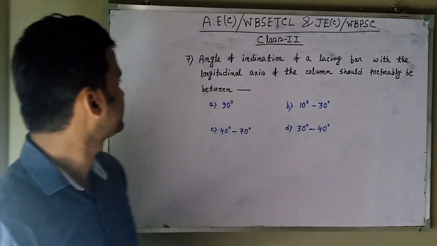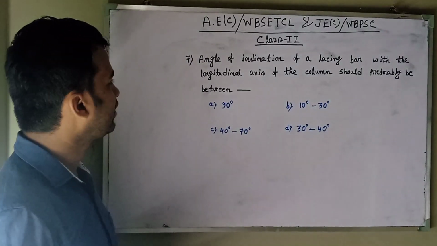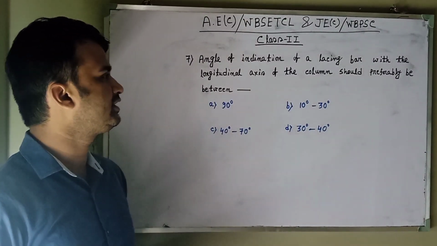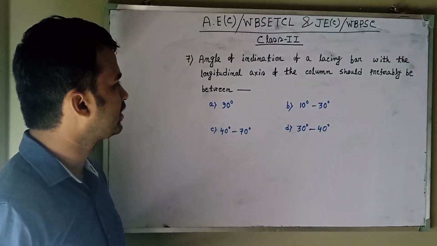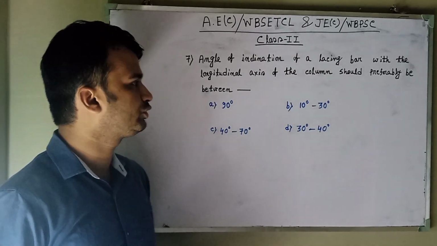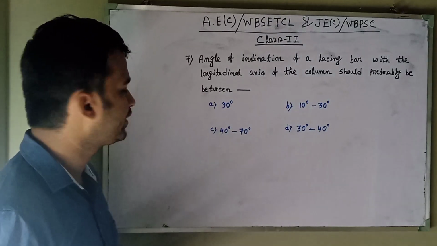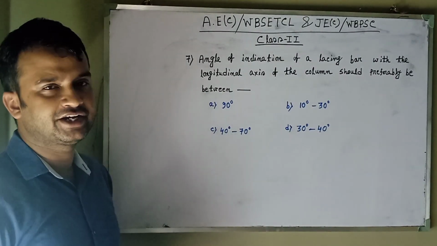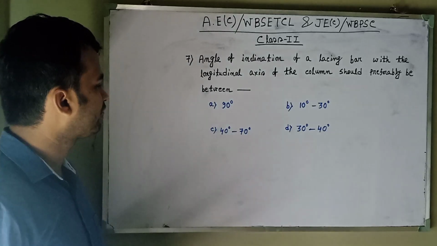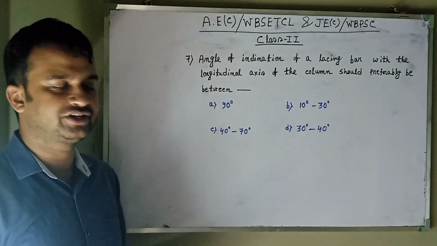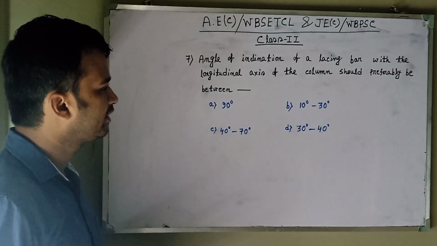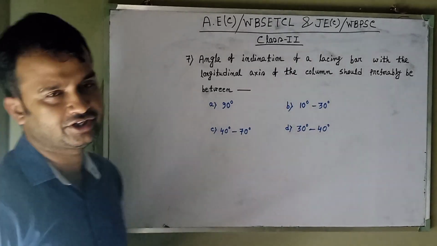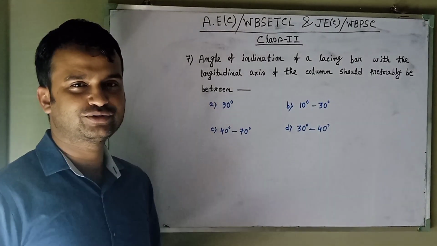Question number 7. Angle of inclination of a lacing bar with the longitudinal axis of the column should preferably be between option A: 90 degree, option B: 10 degree to 30 degree, option C: 40 degree to 70 degree, and option D: 30 degree to 40 degree. Anyone know this question's answer?